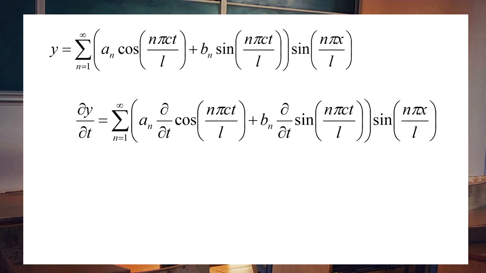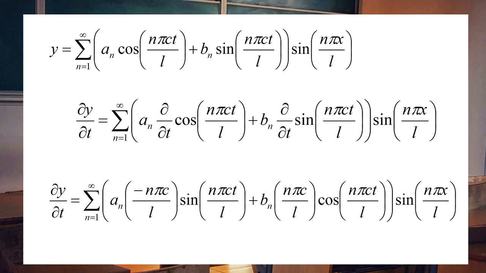So differentiating, we get dou y by dou t equal to sigma n running from 1 to infinity [an into dou by dou t of cos n pi ct by L plus bn into dou by dou t of sin n pi ct by L] into sin n pi x by L. The derivative of cos is minus sin, and the derivative of the angle is n pi c by L. So we get dou y by dou t equal to sigma n from 1 to infinity [an into minus sin n pi ct by L into n pi c by L plus bn into n pi c by L cos n pi ct by L] sin n pi x by L.